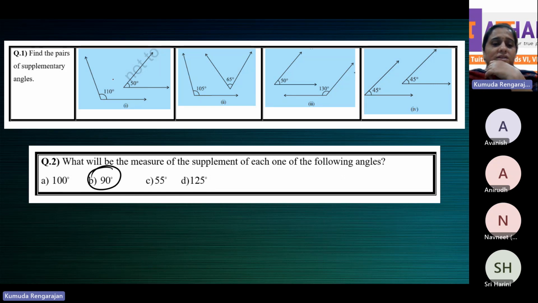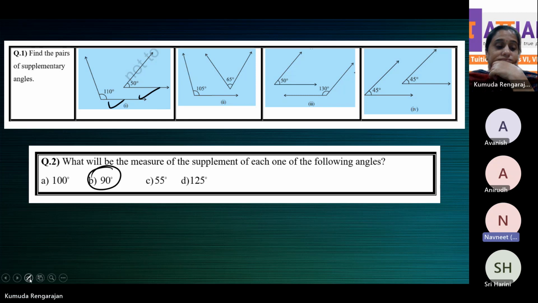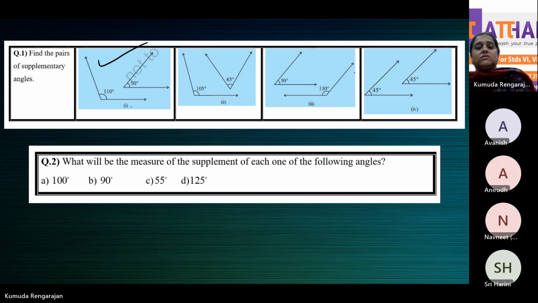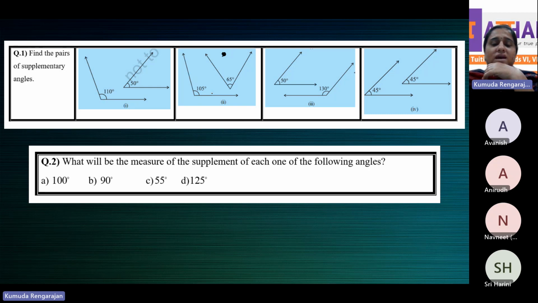Navneet, are these two angles supplementary? No, ma'am. Harini, are these two angles supplementary? No, ma'am. Harini, do these two angles have the same vertex or different vertices?